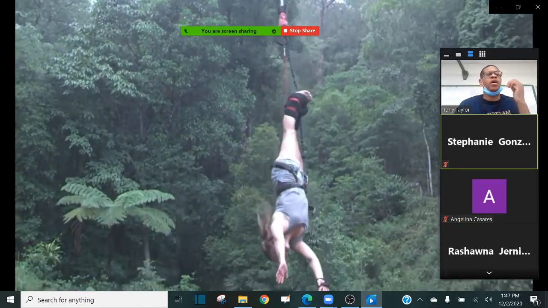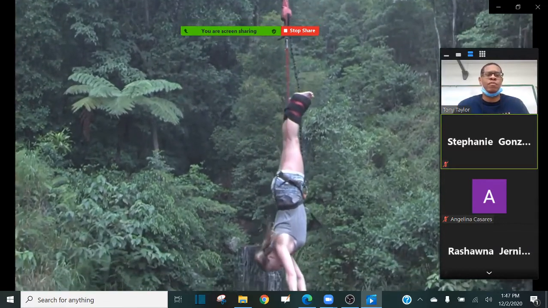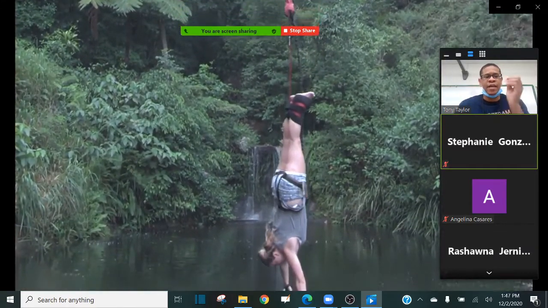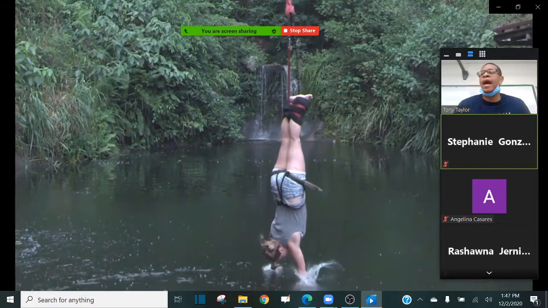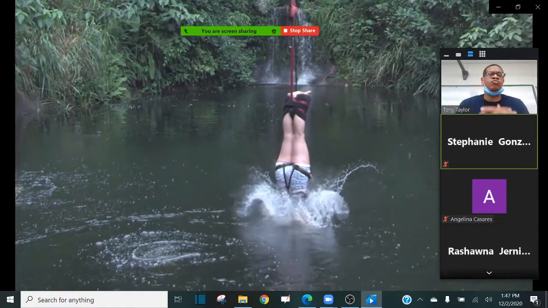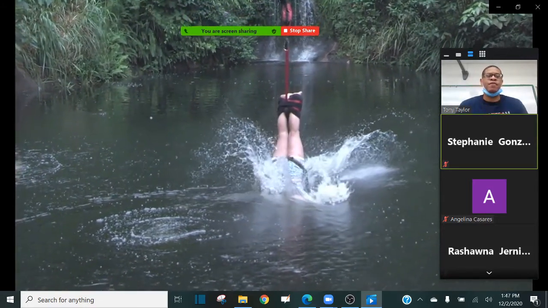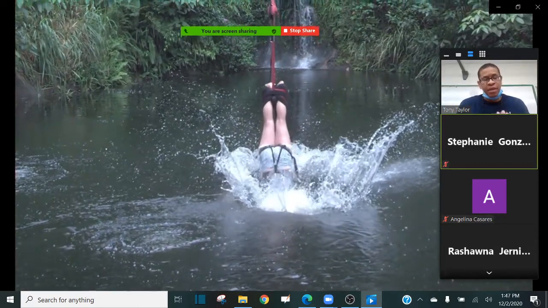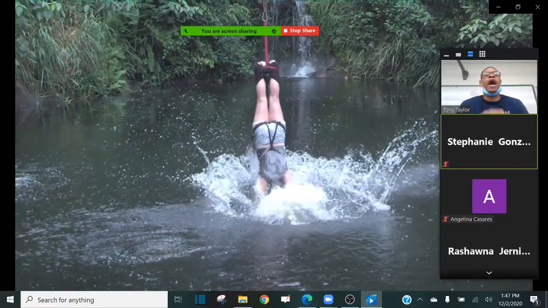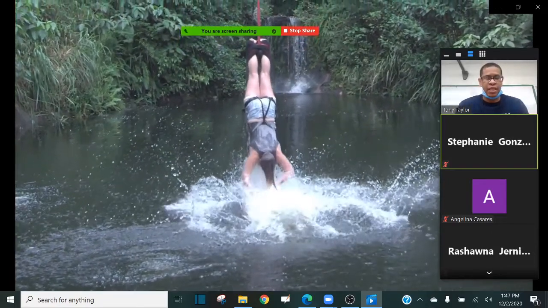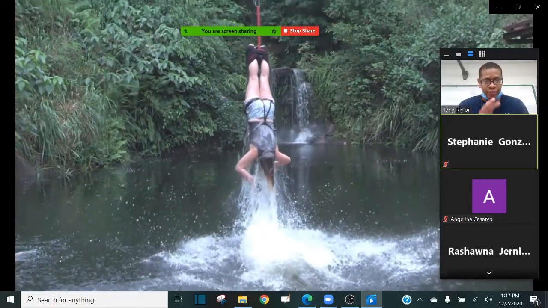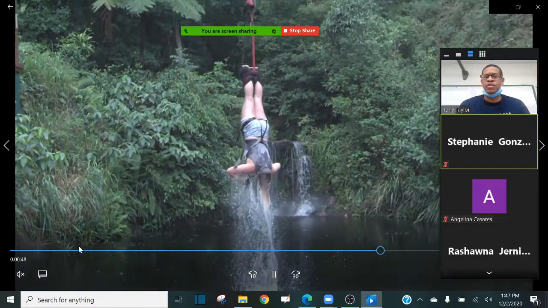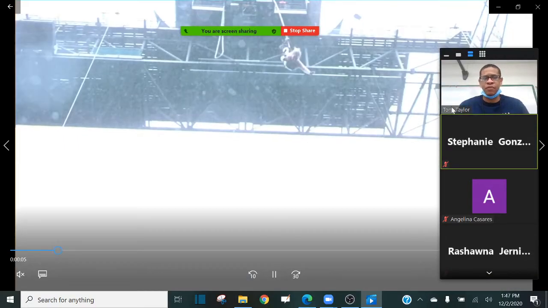So remember the most important thing that I told you guys to remember from last class period. If you have an object and that object is moving in the same direction as the dominant force acting on that object, then that object is speeding up. If the object is moving opposite the direction of the dominant force, then that object is said to be slowing down. Okay, it's something that you guys need to remember.